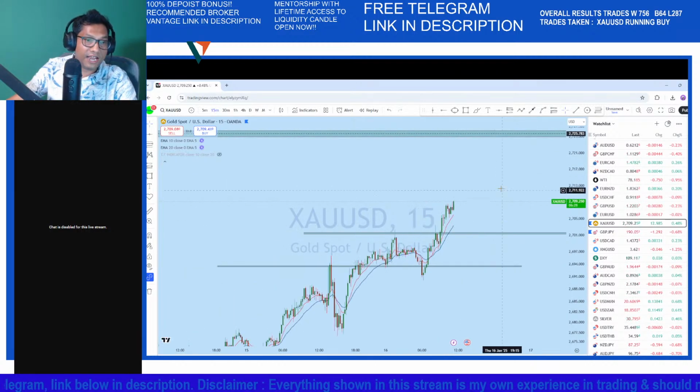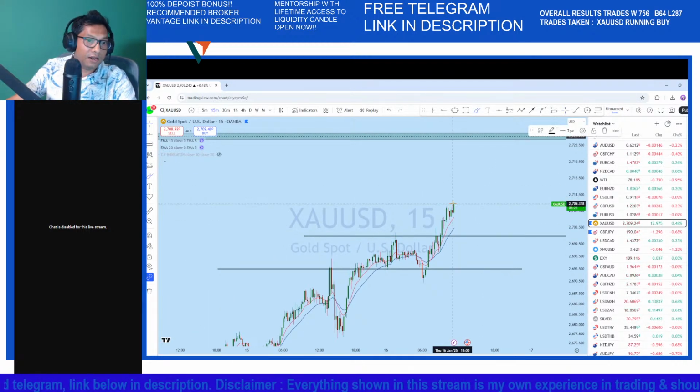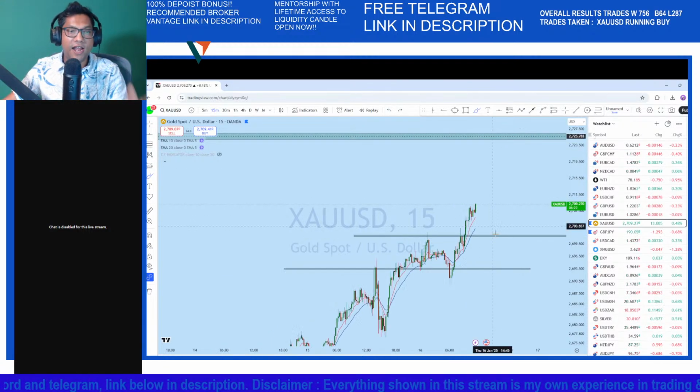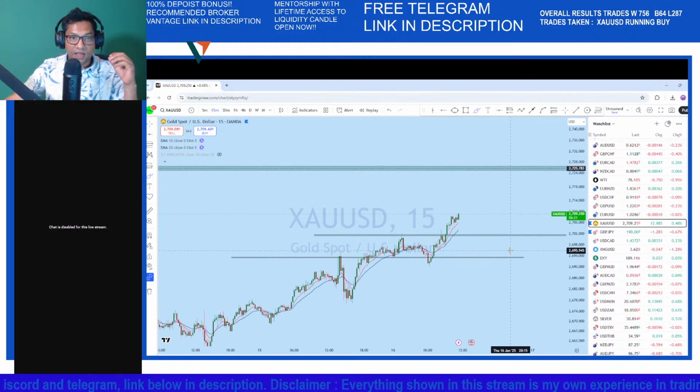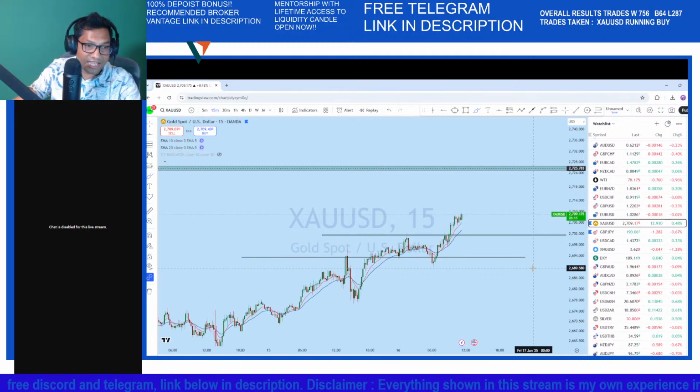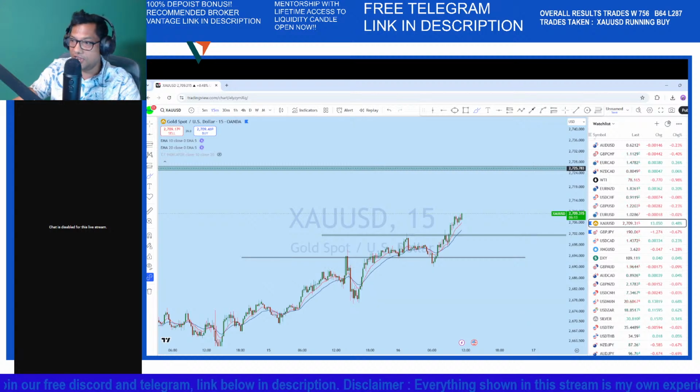We can expect the price to retest and then continue to rise to create a new higher high. This is a very strong uptrend at the moment, and in that uptrend we can expect the price to continue to rise to create a new higher high.